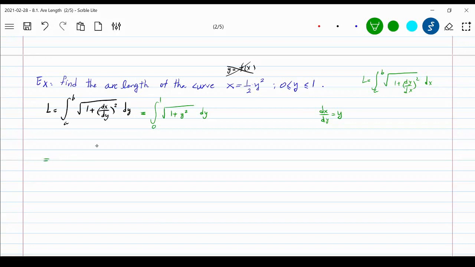And this integration actually requires substitution. Trigonometric substitution. y equals tangent theta. So then dy equals secant squared theta d theta. And you can update the boundary.